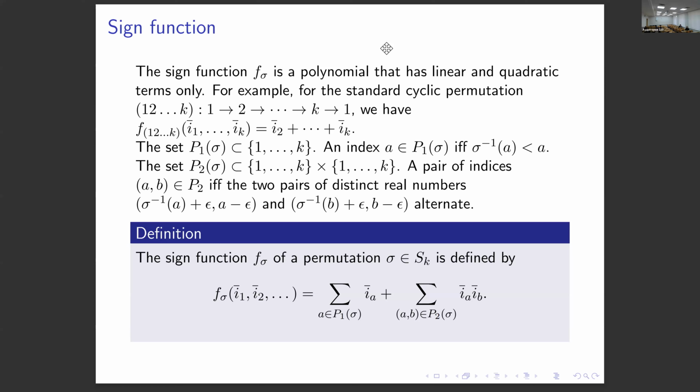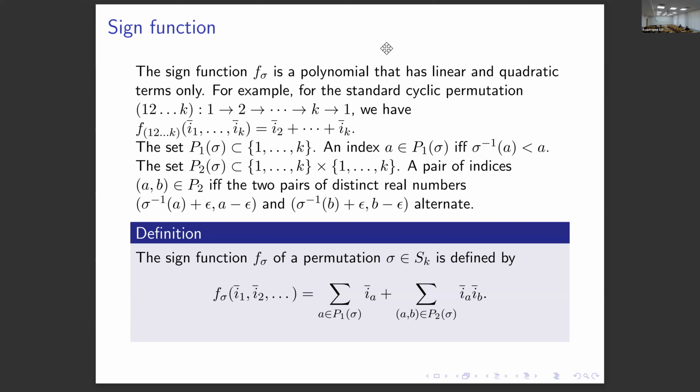If we have a permutation sigma on 1, 2, 3, the first set, P1 of sigma, is all the endpoints, the target points A, such that the directed edge from sigma inverse of A to A goes from left to right.